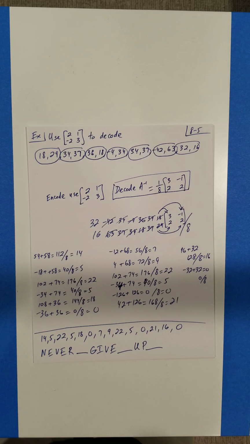Multiplying all the way in here, I get negative 34 and 74. So again, I get 40 divided by 8, so the answer is 5. So 22 and 5. This is what my message is. Later on, I'm going to use my alphabet to match up the letters. Now I'm done.